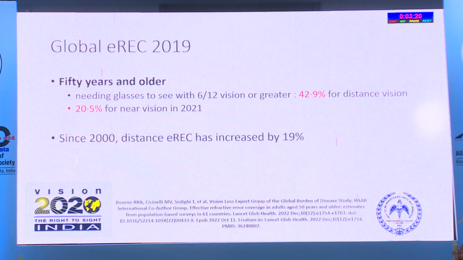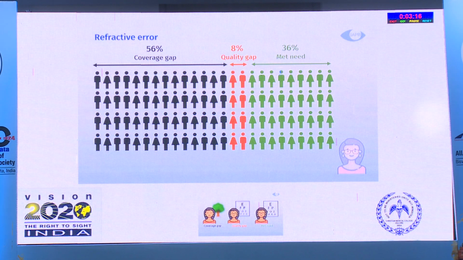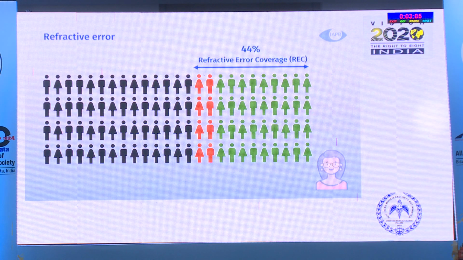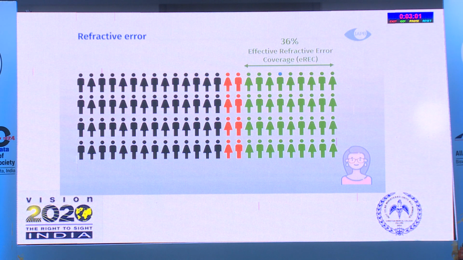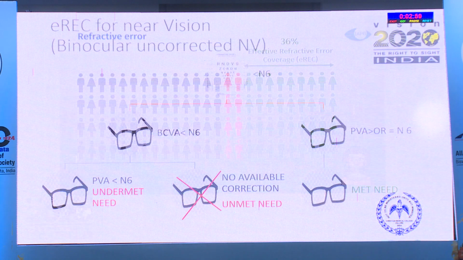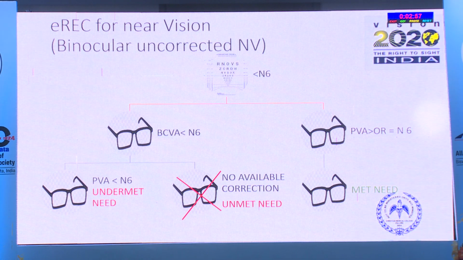The good news is it has improved by 19% since 2000. What this also means is that the undermet need represents the quality gap and the unmet need, the coverage gap. Refractive error coverage may look as big as 44, but effective refractive error coverage is still only 36%. eREC for near vision is being looked at more closely now.